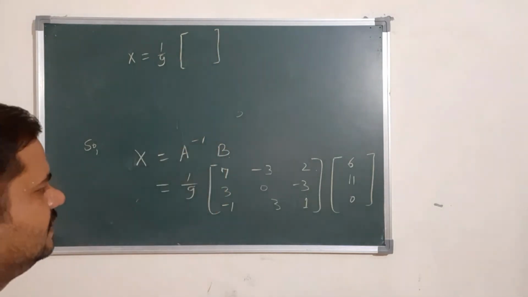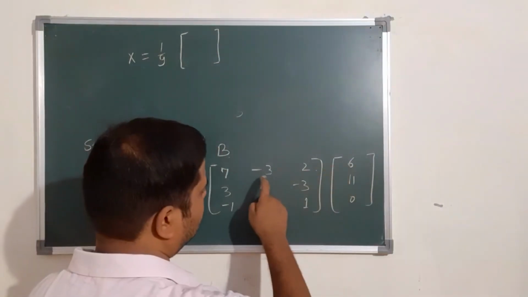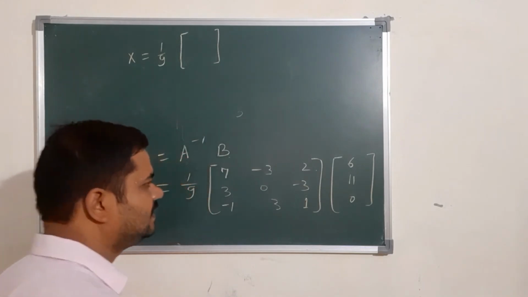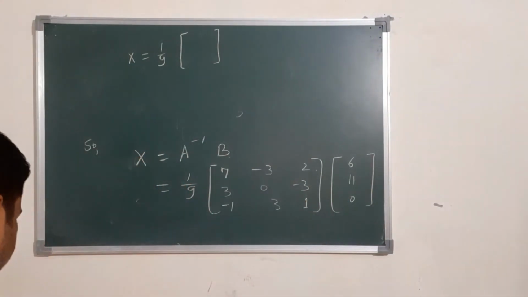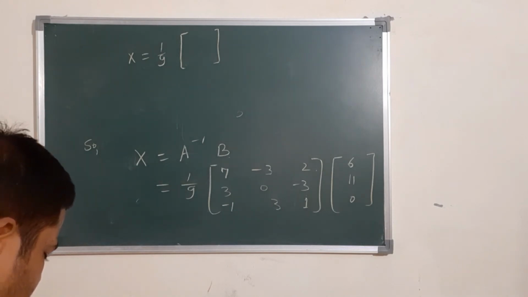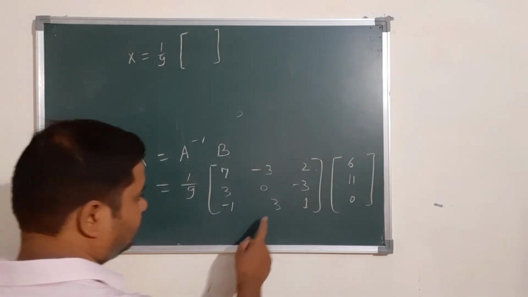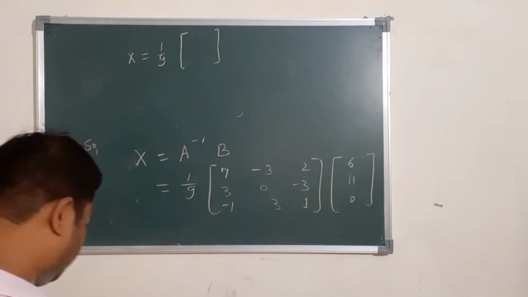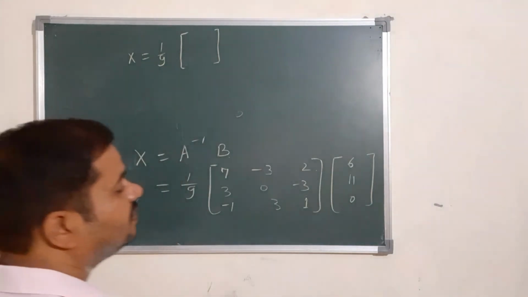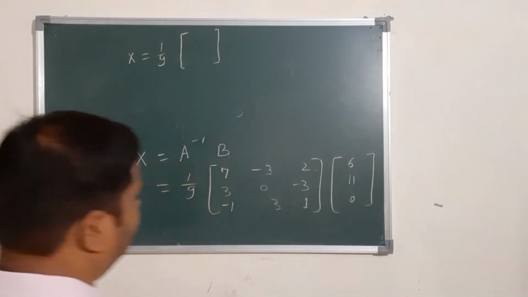this is 7 6 are 42 minus 33. You know the multiplication of matrices. This is 3 cross 3, this is 3 cross 1, so the resulting matrix is 3 cross 1.